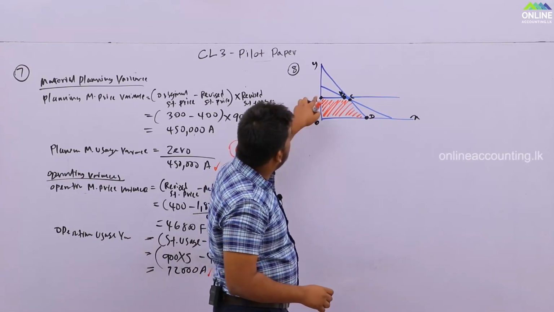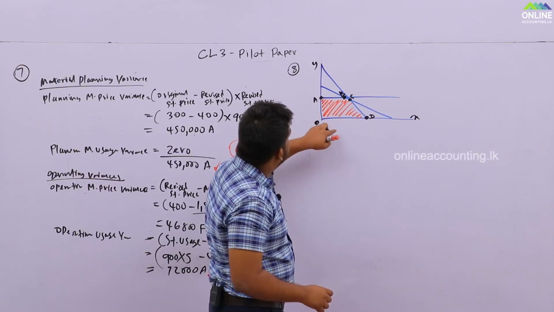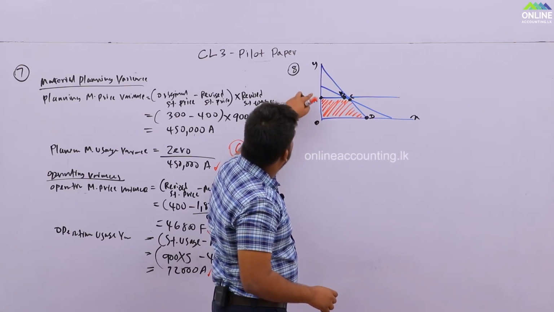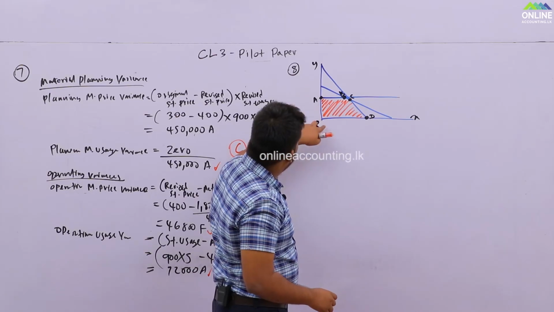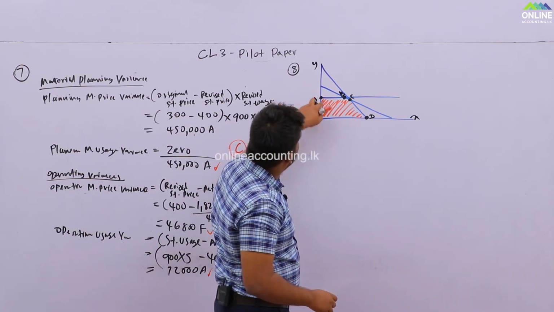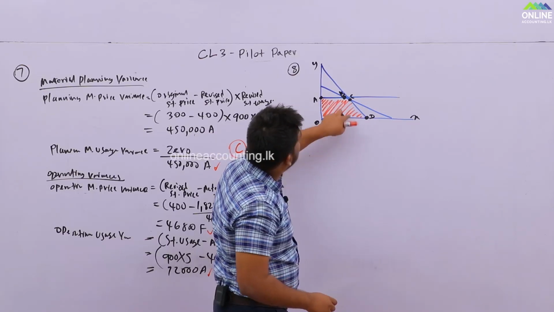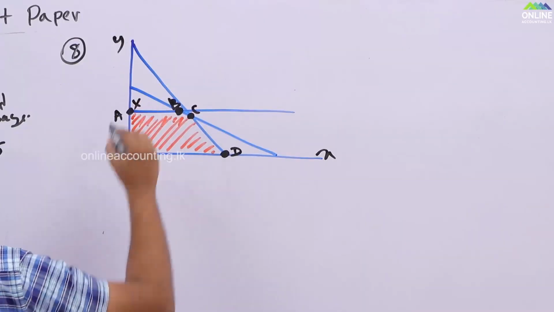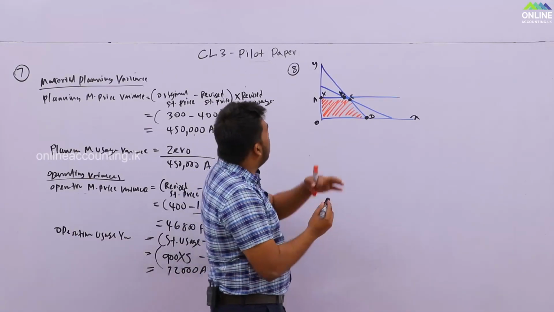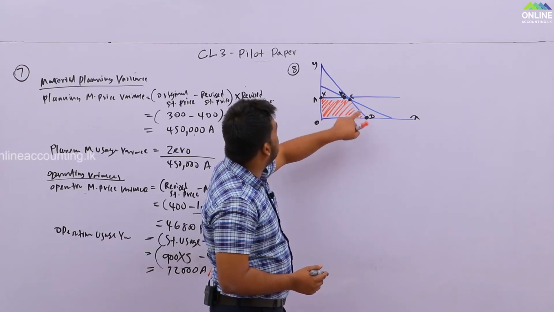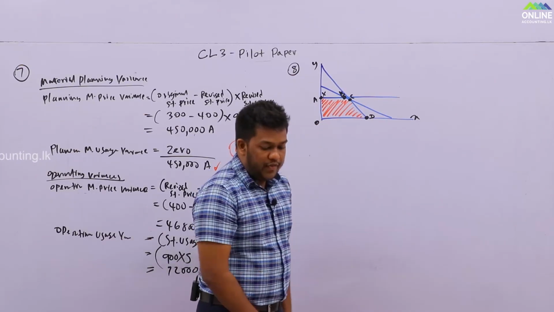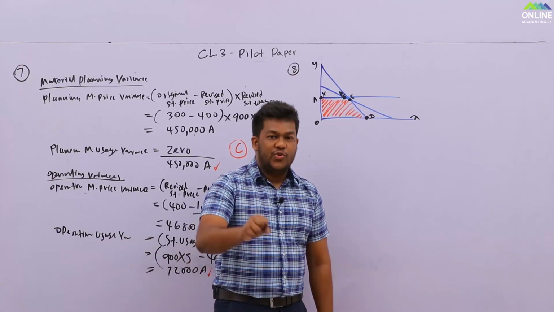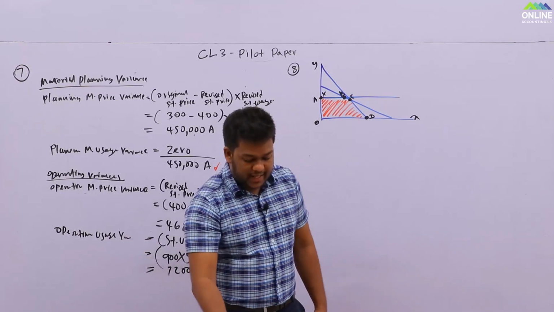See, when you compare A and B, at A the X quantity is 0 and Y quantity is this. But at B the Y quantity is the same, X quantity increased. So definitely when you compare these two, you have to ignore this. So you don't need to evaluate this. You have to evaluate this one, this one and this one. And how to evaluate? You can maybe do this graphically, but here the graph is not clear. So you may have to use the formulas. We have done this.